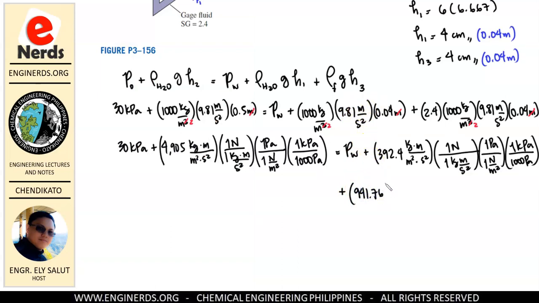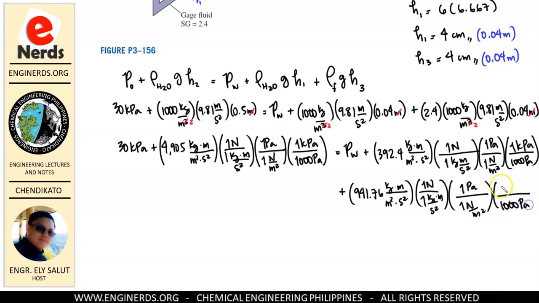So our unit is the same, kilogram meter per square meter per second squared times 1 Newton per 1 kilogram meter per second squared. Then 1 Newton per meter squared is equal to 1 Pascal. Then 1000 Pascal per 1 kilopascal.